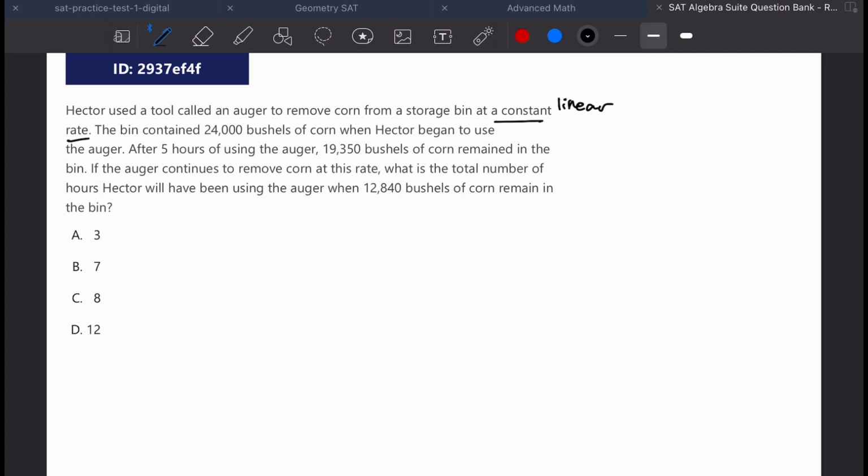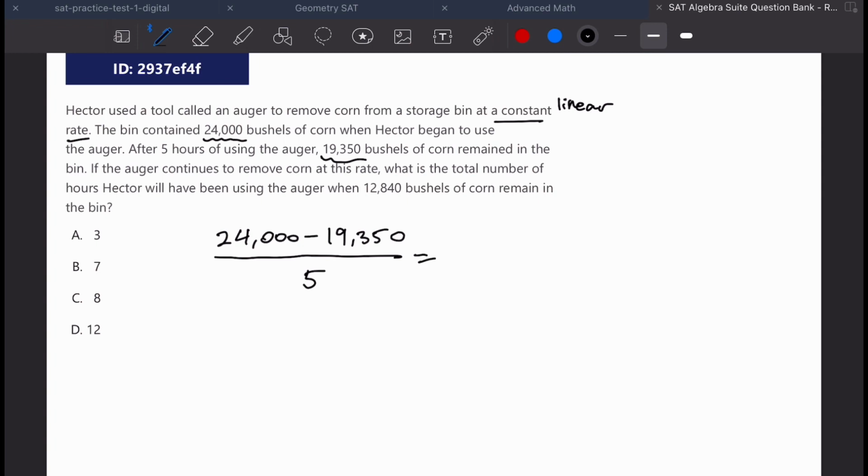Since the starting amount was 24,000 and after 5 hours was 19,350, subtracting these bushels and dividing by 5 would give me the average corn removed with the auger.